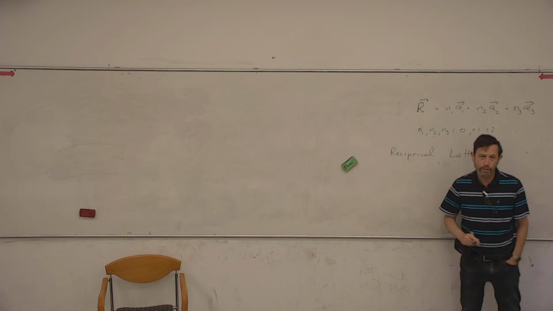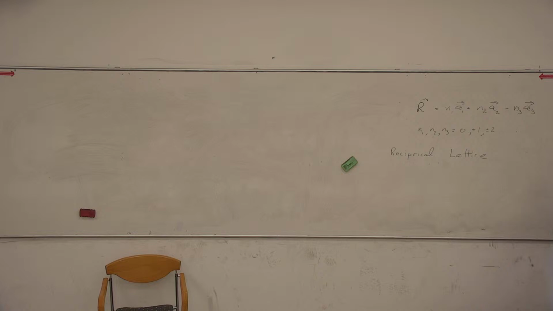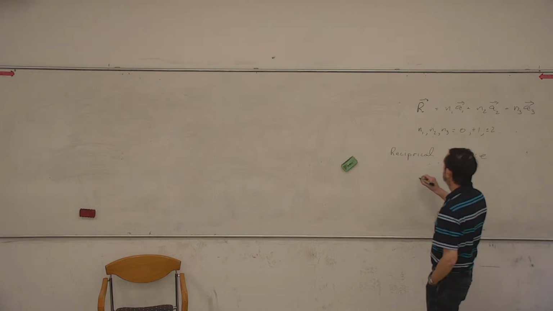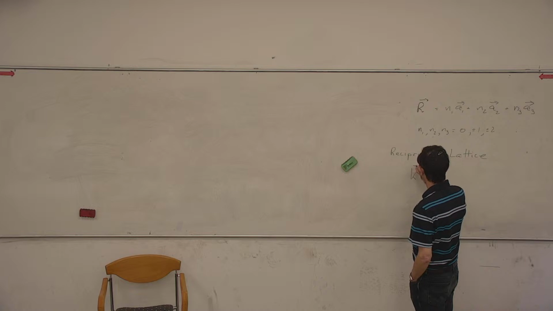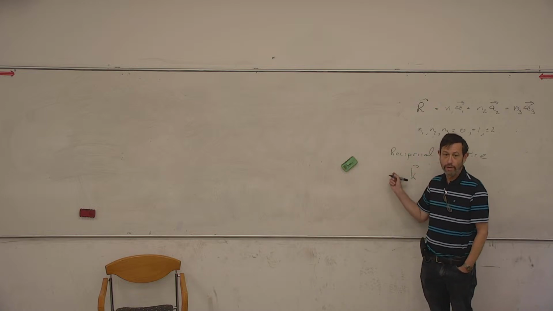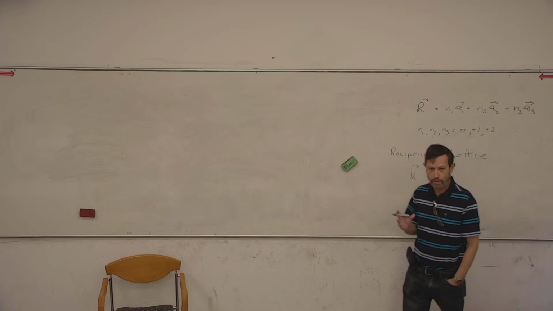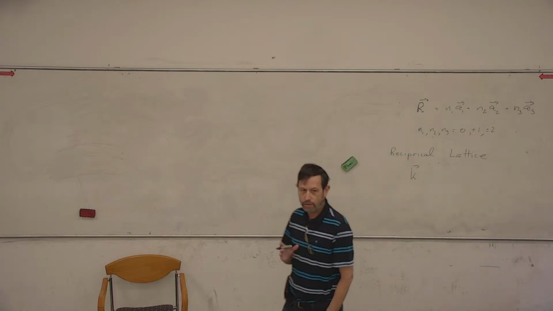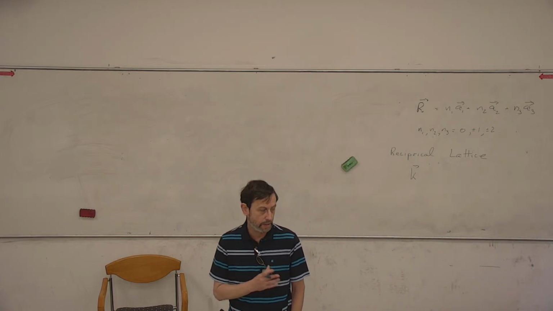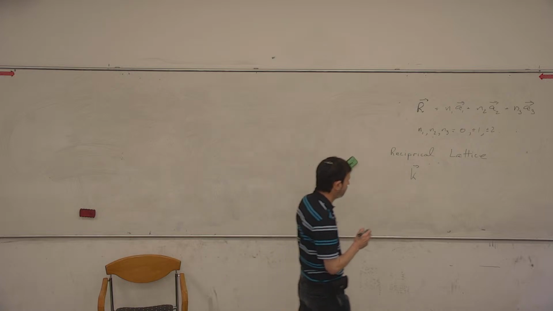Actually, one of the few times that the Hebrew term is shorter and more concise. And the wave vector of the reciprocal lattice has to follow the rules that I'll give now.